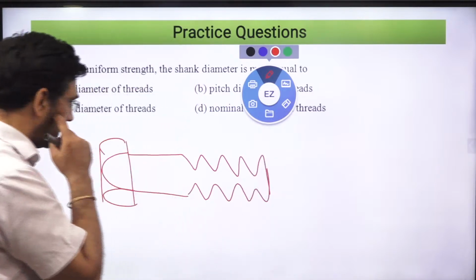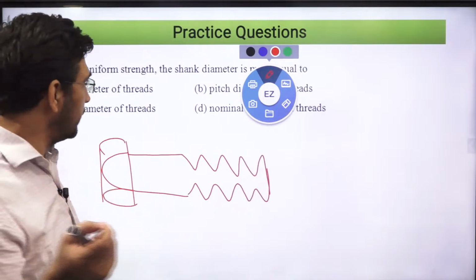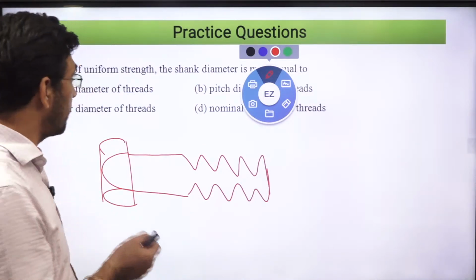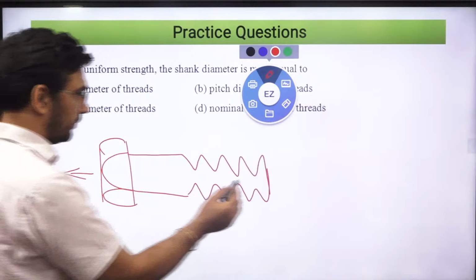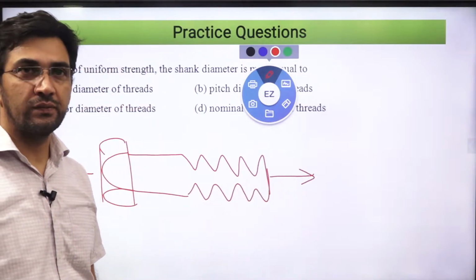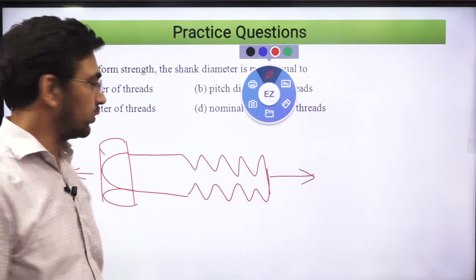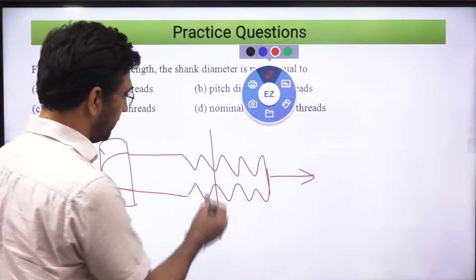Let's say I am applying a pulling force. If I ask you where is going to be the maximum value of the stress, you will say the maximum stress is going to be at the minimum cross sectional area, and the minimum cross sectional area is the core diameter.